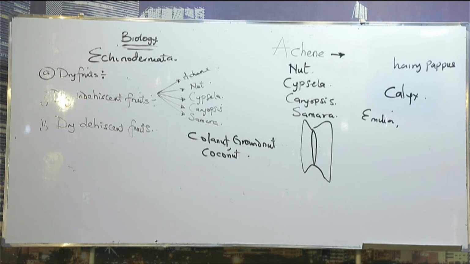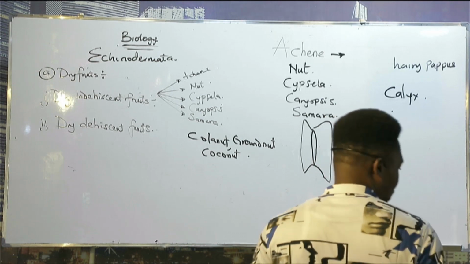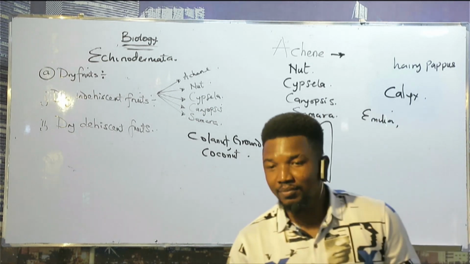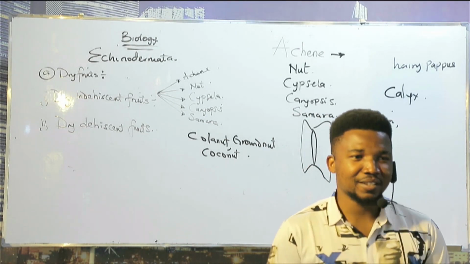Let's move on, please. So after fruits, which topic do we go into? Because this topic is already at the finishing level. Ecology. Is ecology the next part?